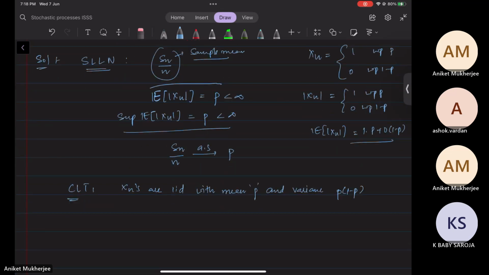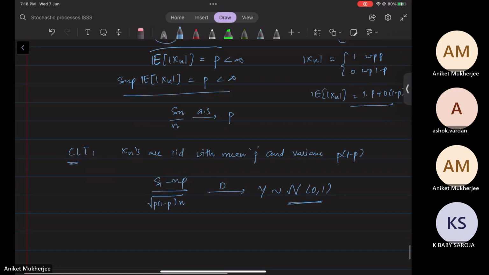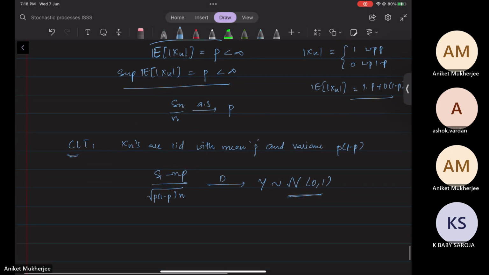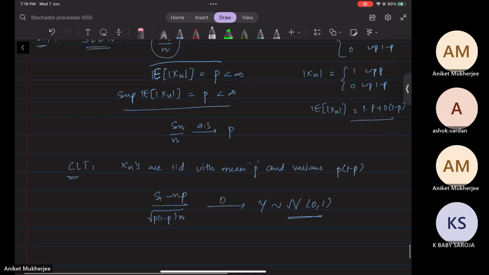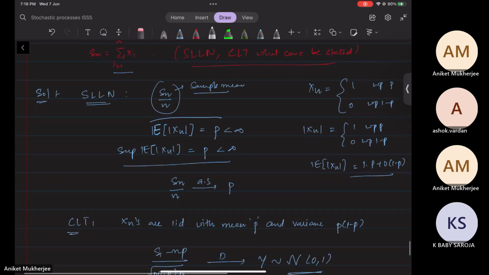So from central limit theorem, you can say that (Sn minus np) by root of p into 1 minus p into n, in distribution converges to a random variable Y whose distribution is normal 0, 1. This is what you can state from central limit theorem. These both are clear, right?